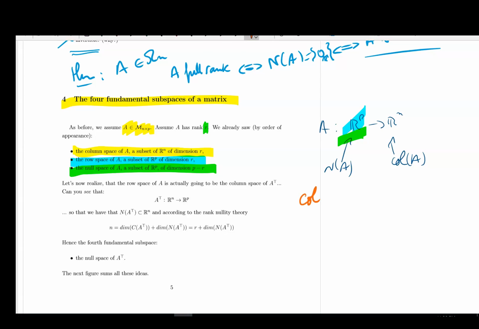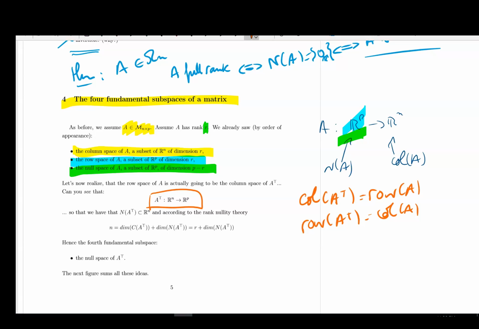The column space of A transpose is equal to the row space of A, and vice versa. The row space of A transpose is equal to the column space of A, right? And so it's not the inverse, it's just the transpose. If A goes from Rp to Rn, A transpose goes from Rn to Rp. Just take one of the rectangular matrices that we've seen earlier and look at what A transpose is going to be.